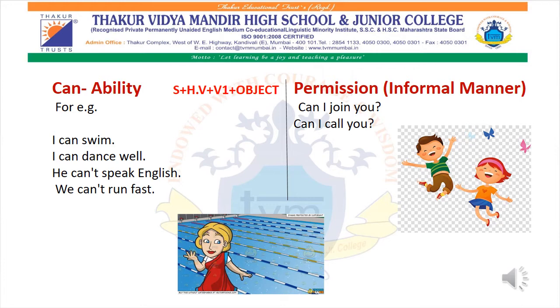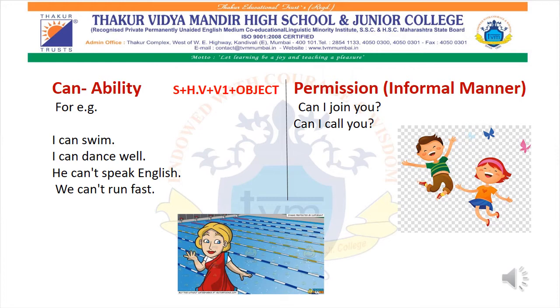So you all ask casually, like, "Can I join you? Can I call you? Can I come with you? Can we go out?" So in an informal manner you don't show that much respect as you show in a formal manner, and therefore the word can is used to tell or to show the ability of a person, or if you want permission.